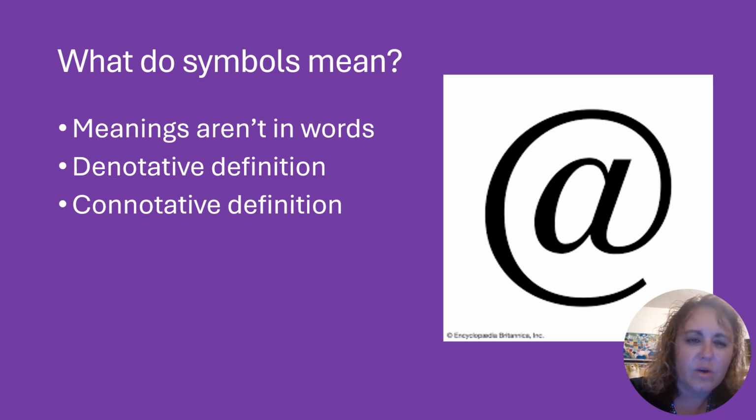So, symbols, what do they mean? Well, the meanings aren't in the words, they are in the people that communicate them. So here you have an at symbol, which at one point in time was not as common as it is today. And in fact, it also used to have a different name. What is a denotative definition? This is the definition that you will find in the dictionary.